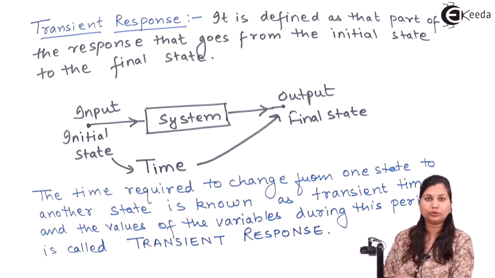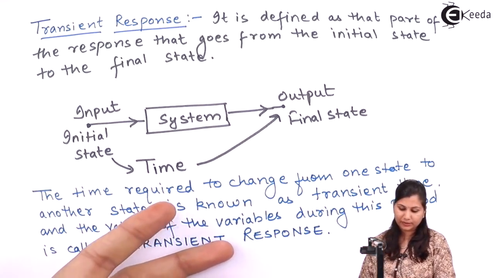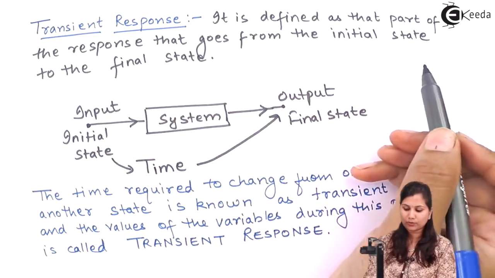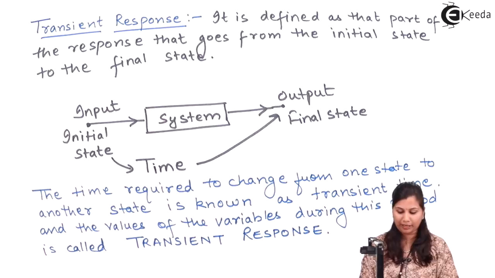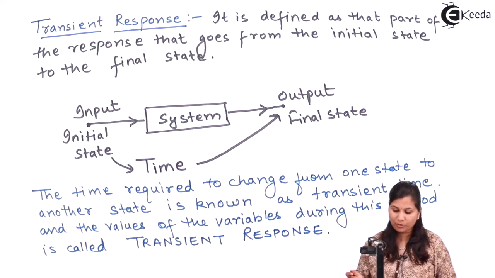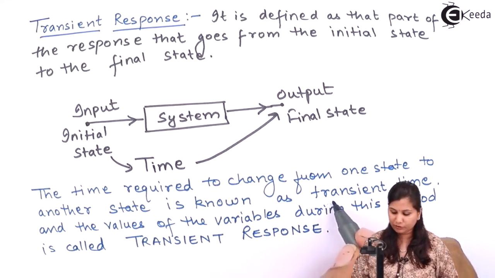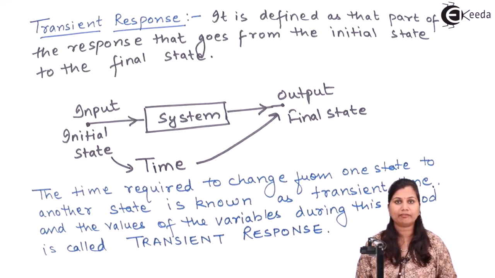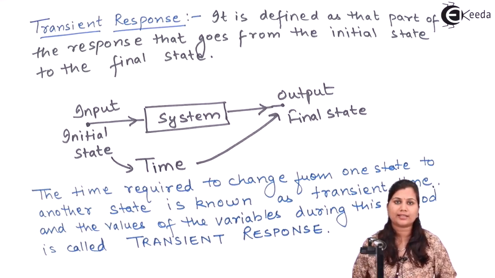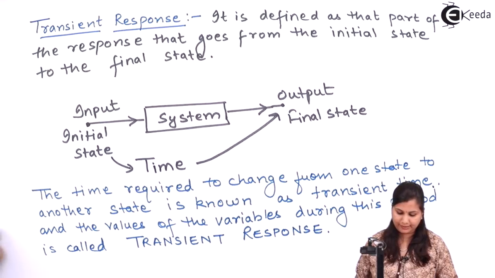So these are the two definitions of transient response. First, it is that part of the response that goes from the initial state to the final state, and second, it is the time required to change from one state to another. We call it the transient time, and the values of the variables changing in this period are called the transient response of the system.